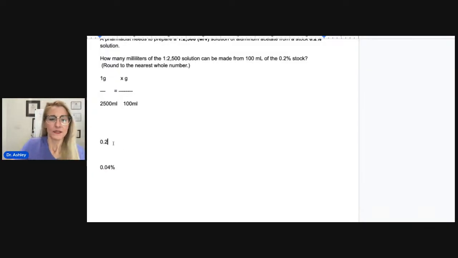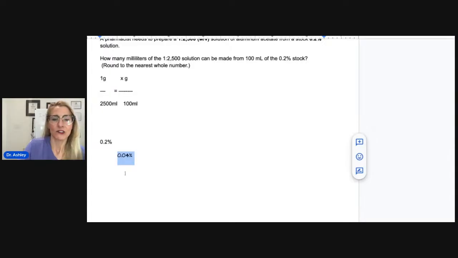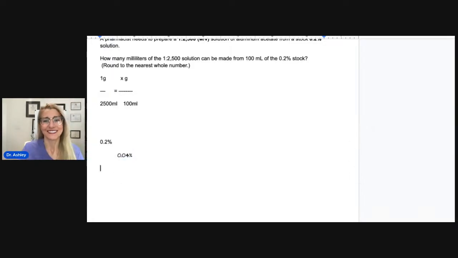I like to put my highest concentration on top for consistency and my lowest concentration on the bottom. Oops, this is not going to be my lowest concentration. Do you know why? Even though out of these two, this is the lowest concentration, 0.04%, with allegation we need 3 concentrations.